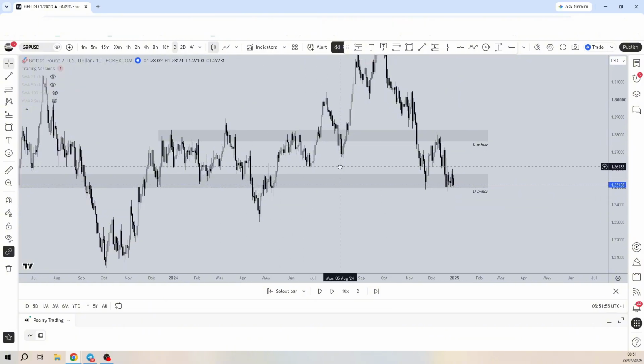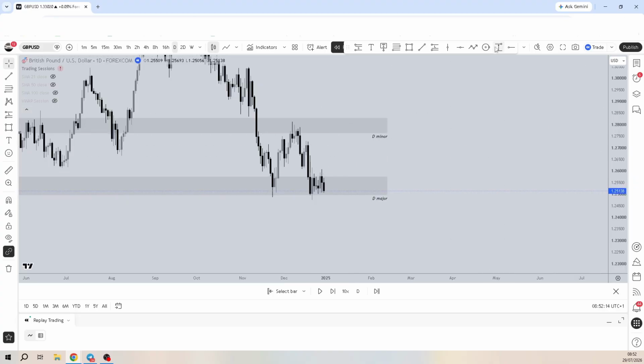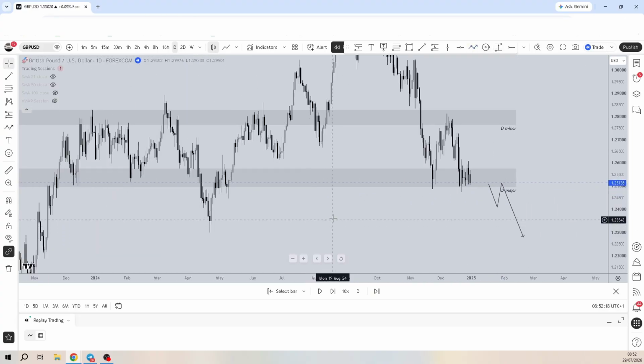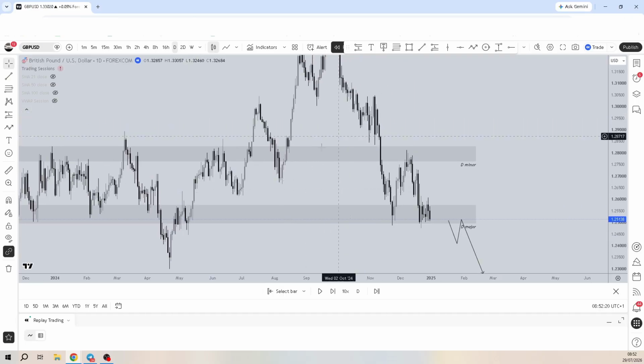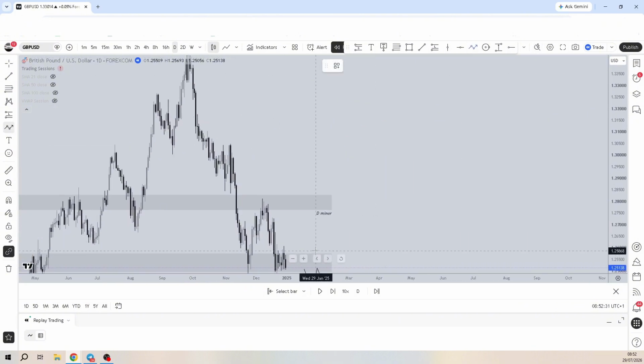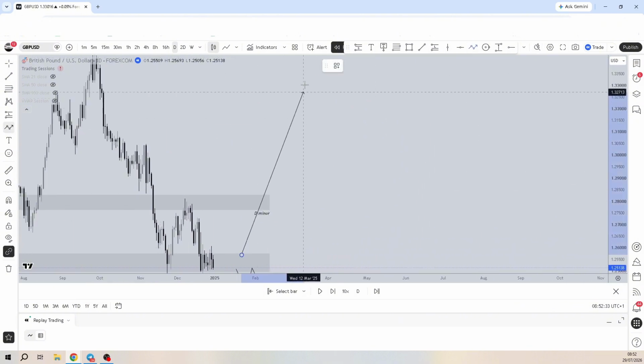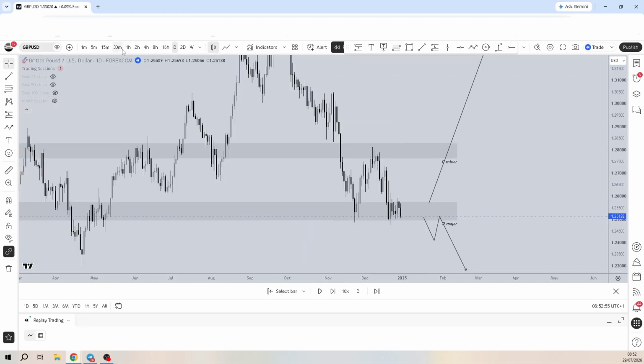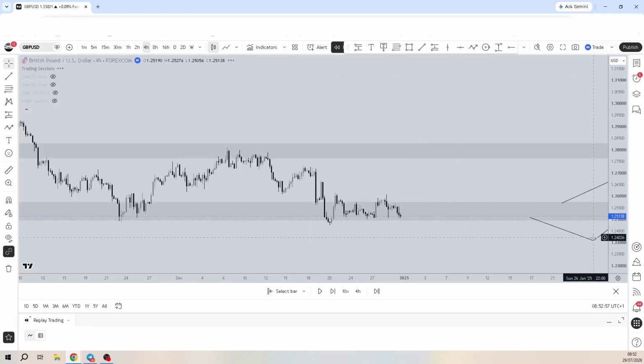It's the major level. Anyways, if this breaks, then we can take some trades to the downside, because I think the trend has shifted. But if this is going to continue to be an uptrend, then this is probably one of the lowest points that we're going to go to before we end up going all the way back to the top. Anyways, let's just see what happens. Let's not think too much.